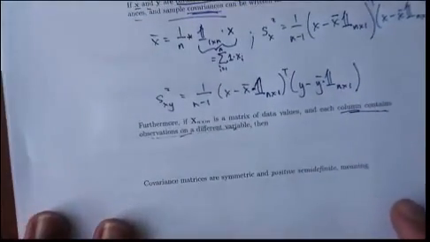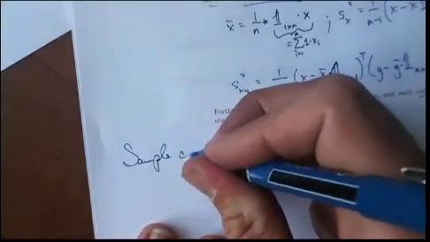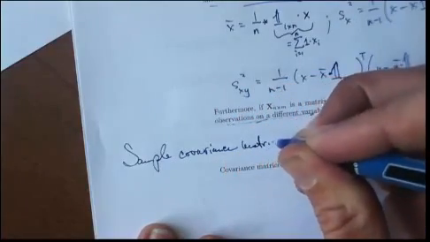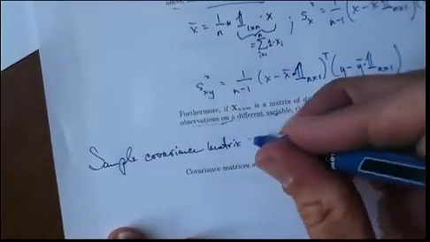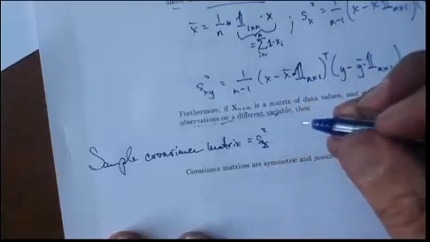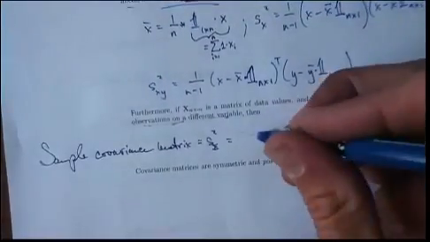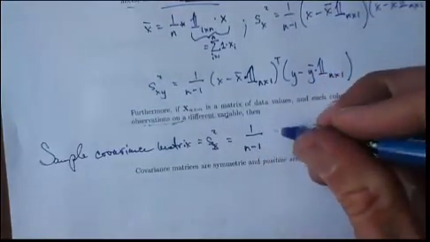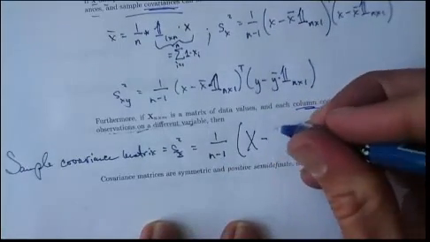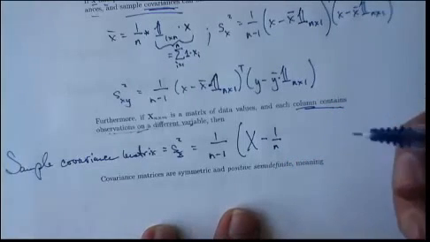Then the sample covariance matrix, S for sample, would be 1 over n minus 1 times my matrix of data values, from which I need to subtract the mean of the x values for each column.